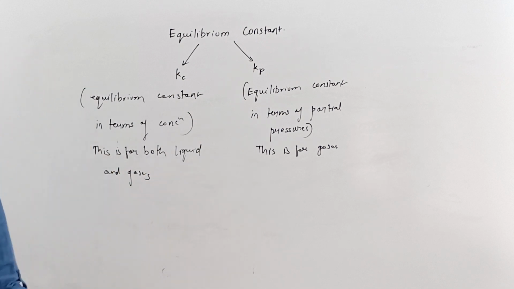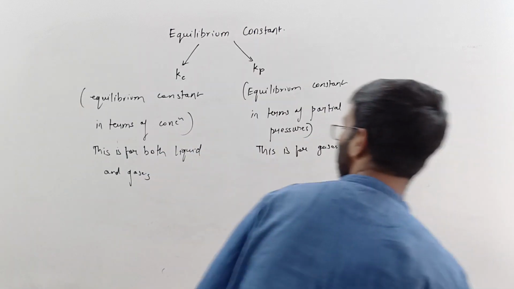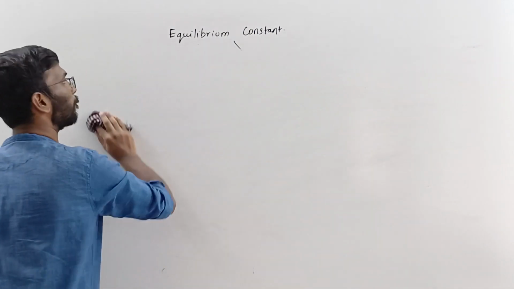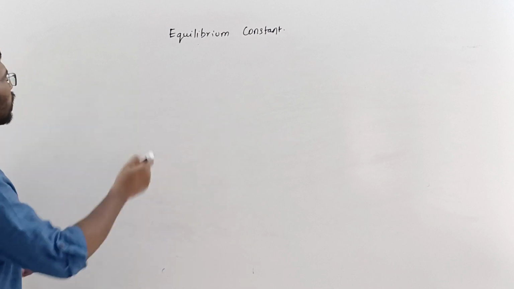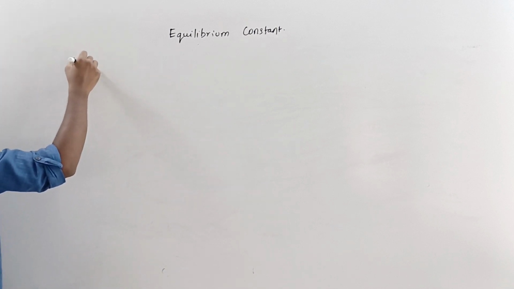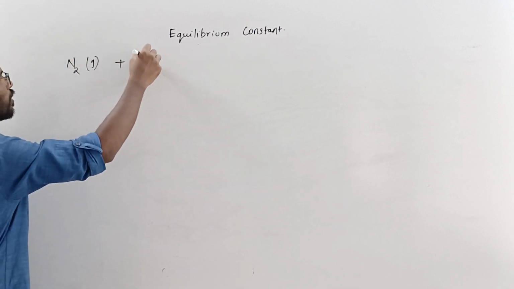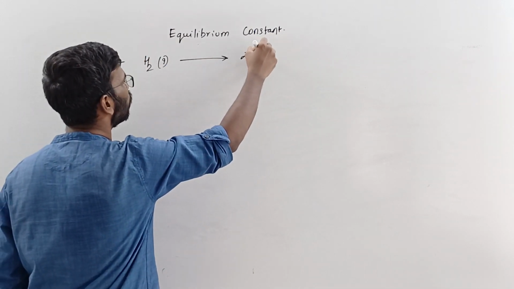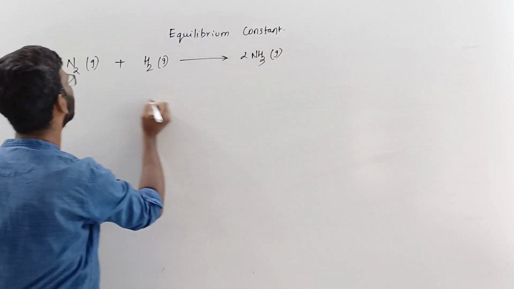I'll write one reaction for this. So let's take nitrogen gas, hydrogen, this is a gas, giving you 2 moles of ammonia. This is also a gas.